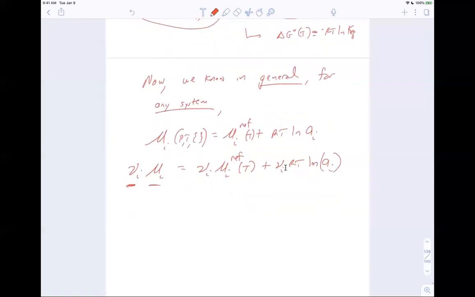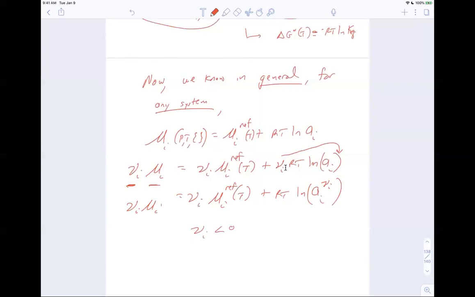The nu sub i is brought up as an exponent, which we can do with natural logs, so RT natural log A sub i to the nu sub i. Now we just sum over all of the species in our system, and we remember that nu sub i, the stoichiometric coefficients, have a sign.